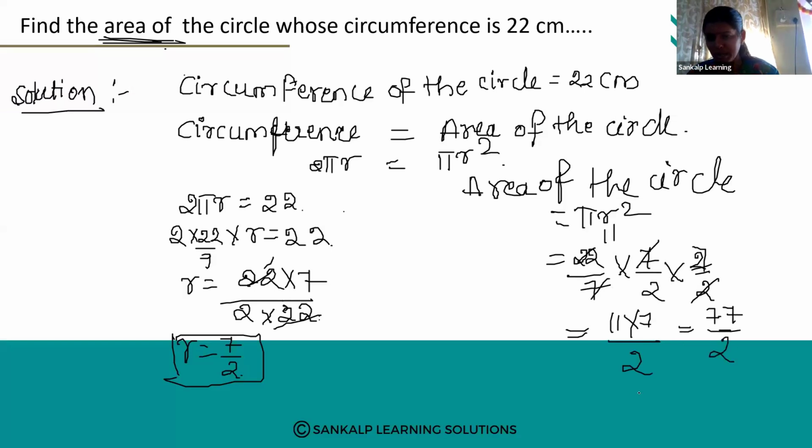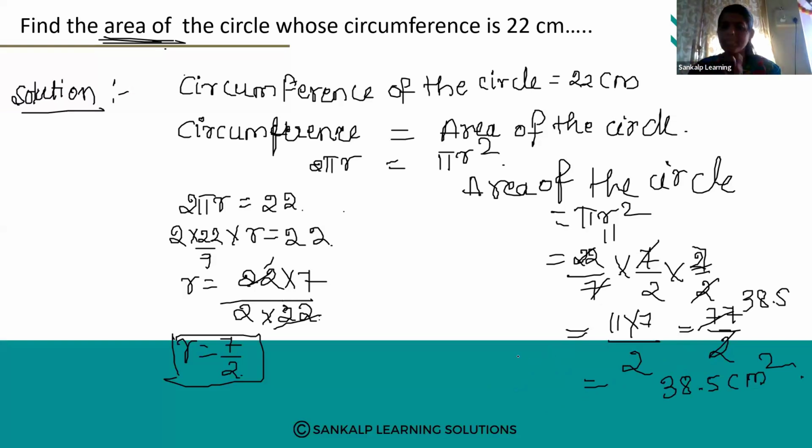If you do the division, you will get 38.5 centimeter square. Because this is area, area is centimeter square, meter square.